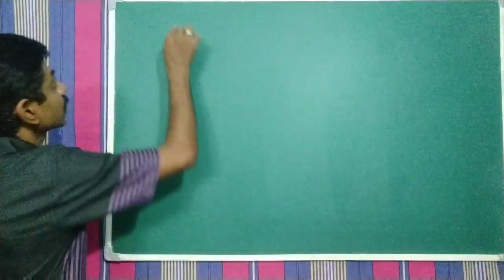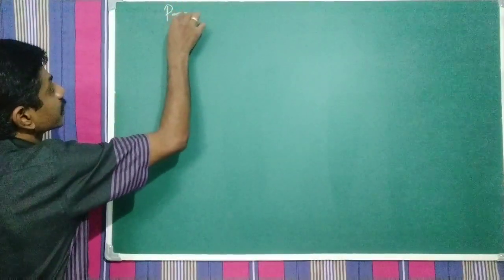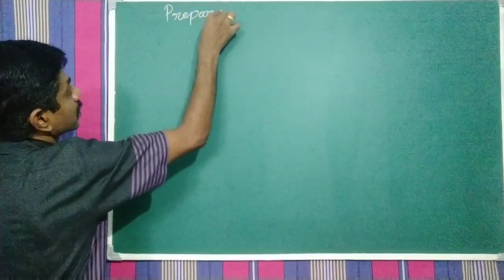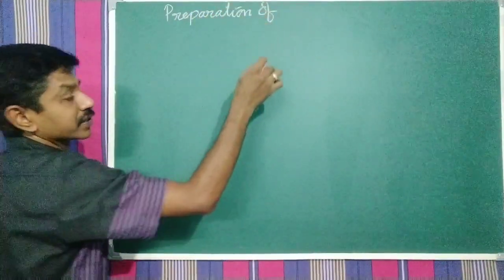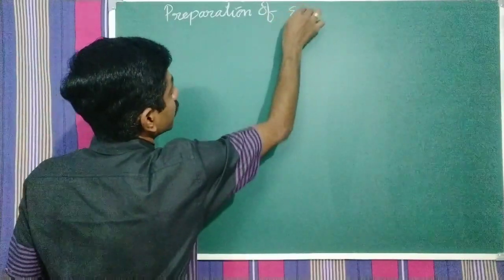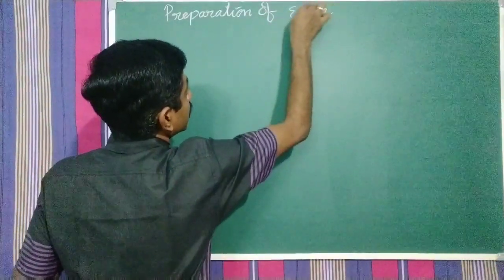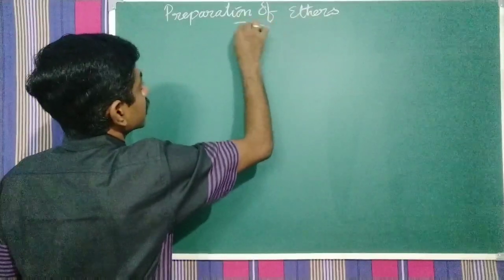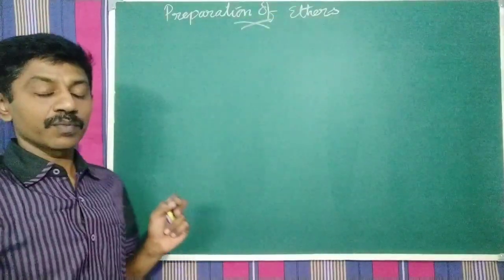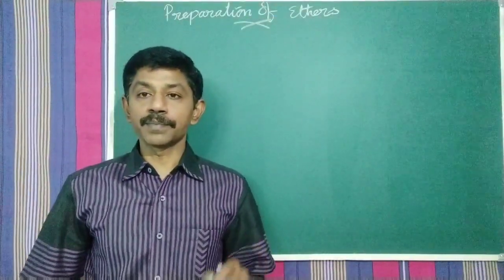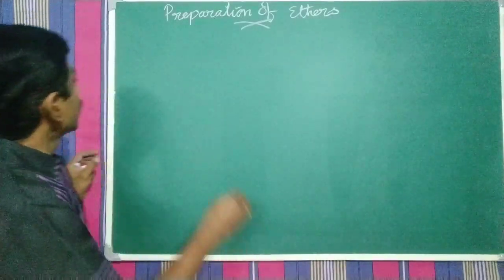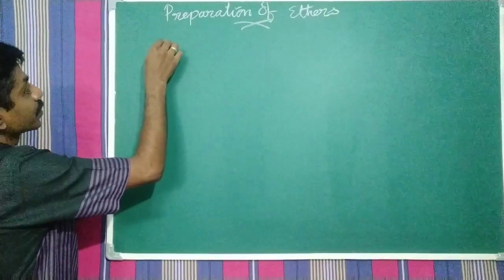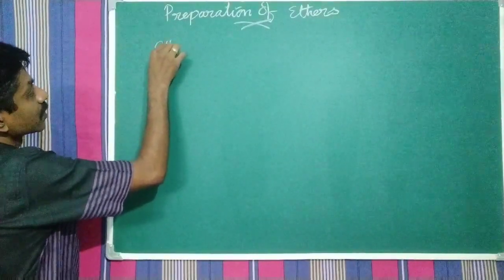Let us learn something about the preparation of ethers. We are talking about the preparation of aliphatic ethers, and in particular we are going with two types of ether, both the possibilities, that is simple ether and mixed ether. We learned in alcohols one of the chemical properties of alcohols.